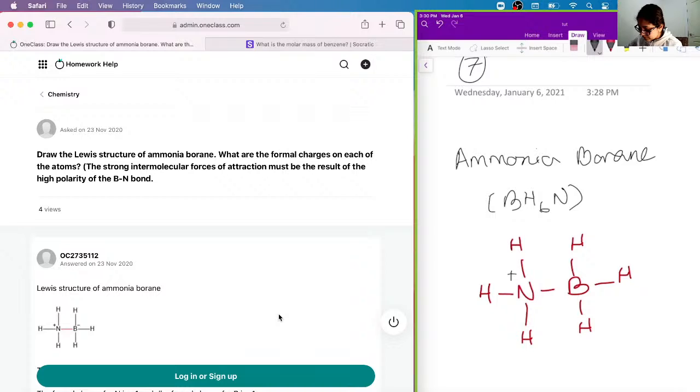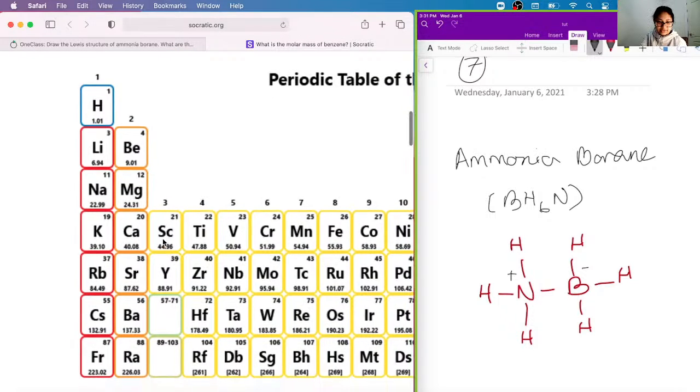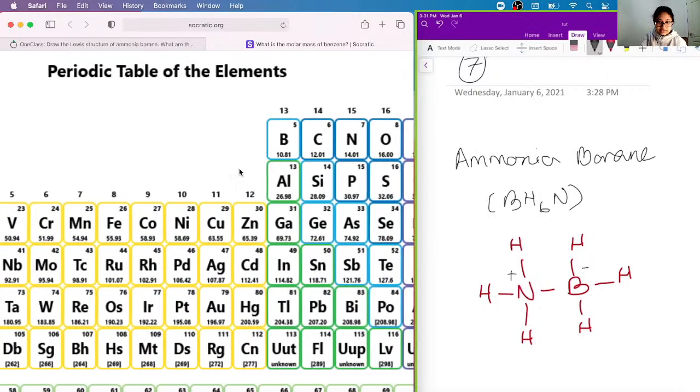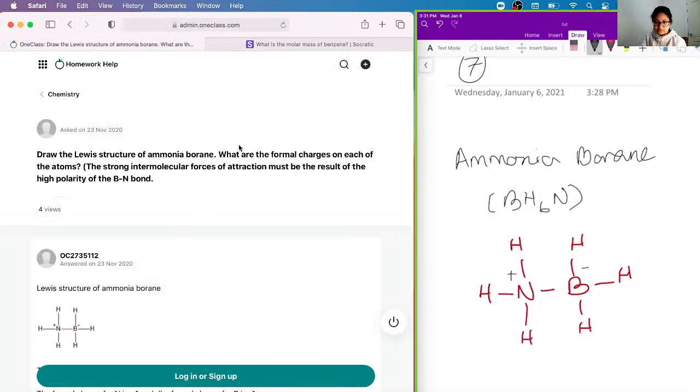And so boron in this case would be negative, since if we go back to our periodic table here, boron is right here. It has 3 valence electrons, so it normally forms 3 bonds, and it's forming 4 here, so it just gained 1 extra electron, and so this is why this is negative, and therefore nitrogen is positive.